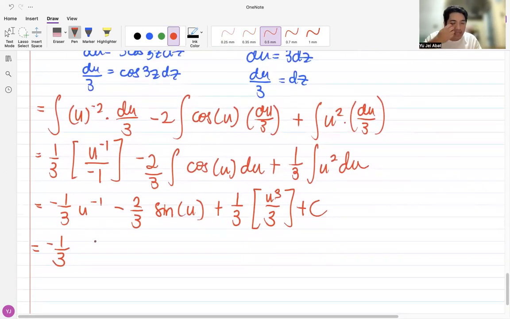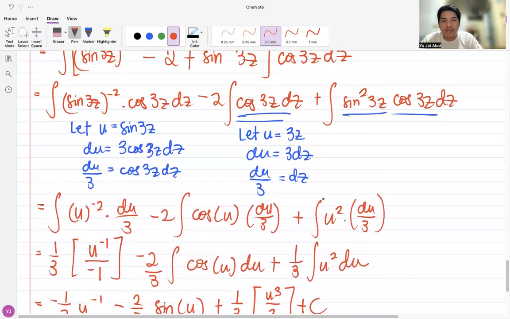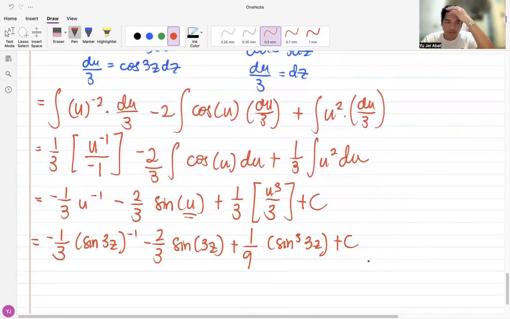Our u here is sine 3j, so we have sine 3j raised to -1, minus 2/3, and our u here is 3j. Then we have plus 1 all over 9, 1/3 times 1/3. Then you have your u. What is your u? That is still sine of 3j, so that is sine cubed 3j plus c. Okay. So our answer here is this one.